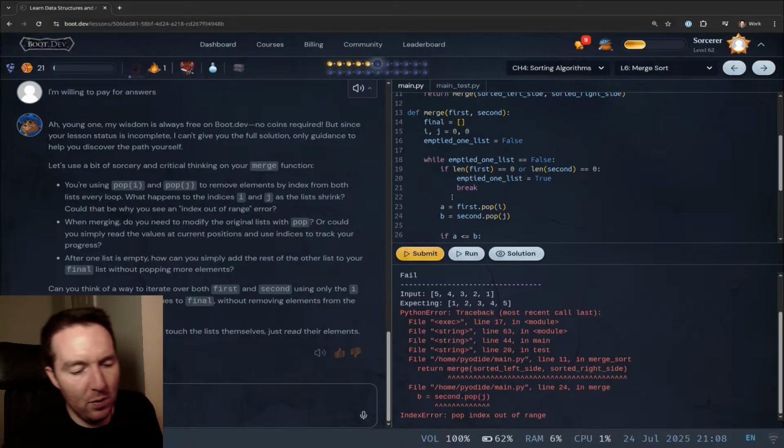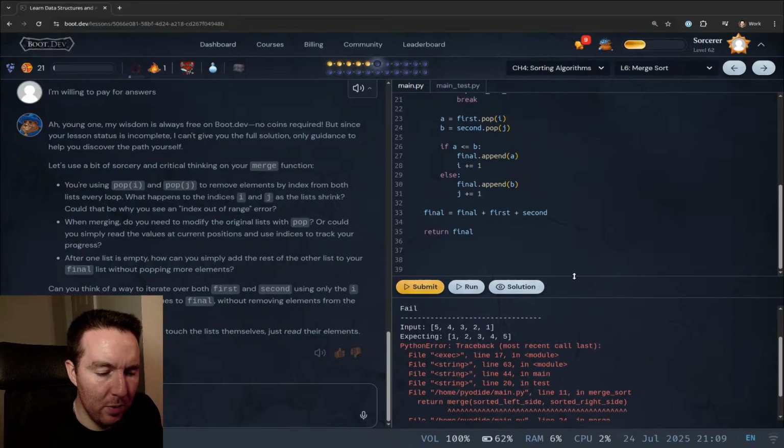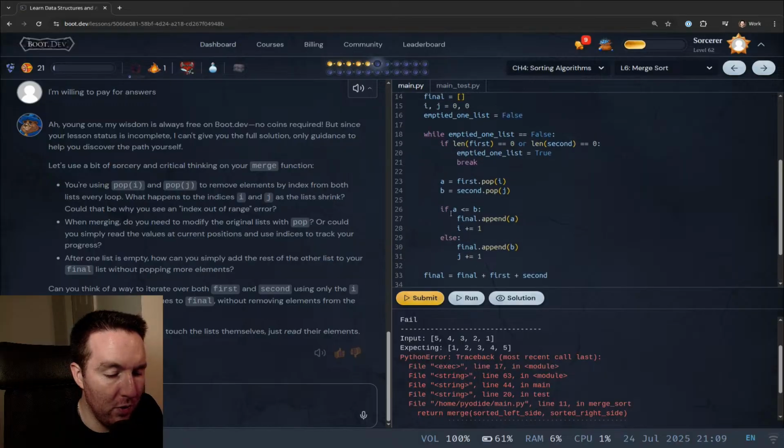I did do that to start with, but it didn't really make sense. So it says, when merging, you need to modify the original list with pop. After one list is empty, you can simply add the rest of the other list to your final list without popping more elements.